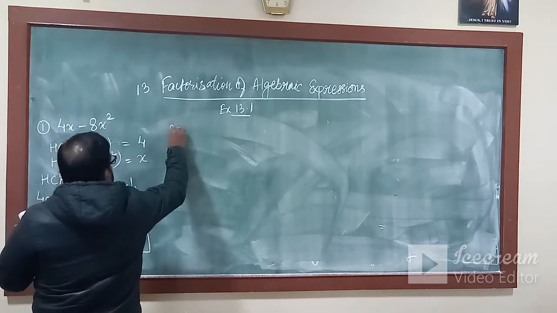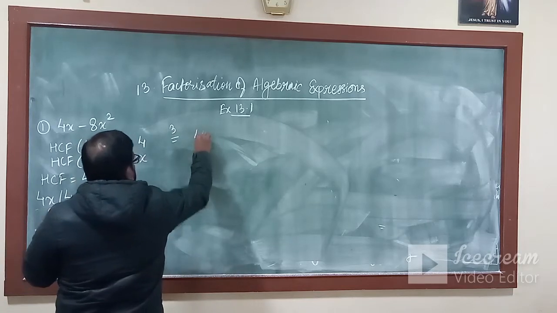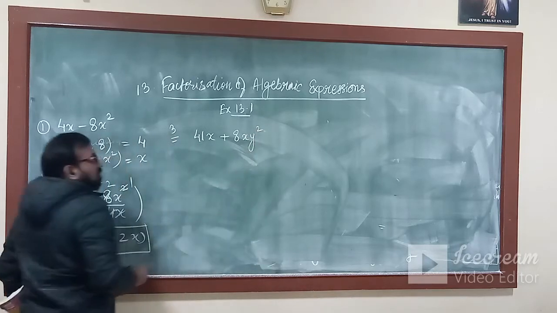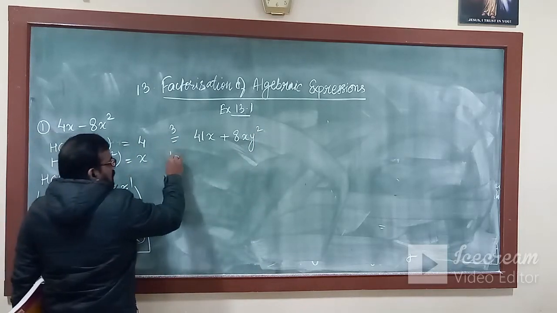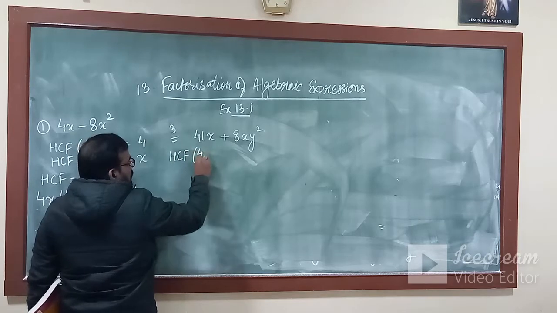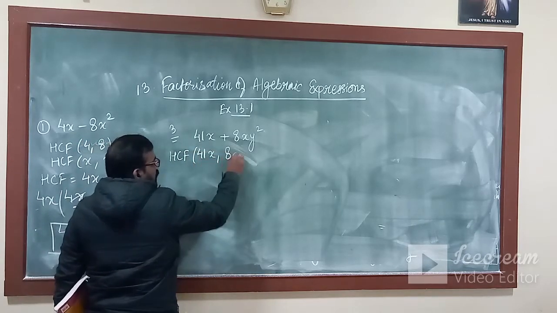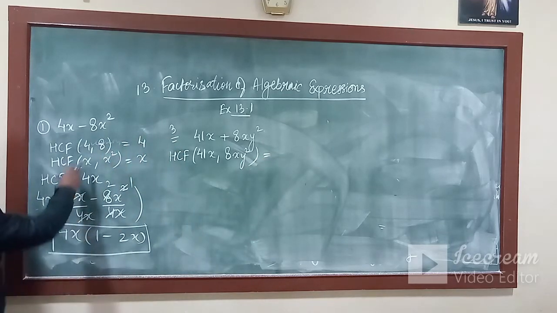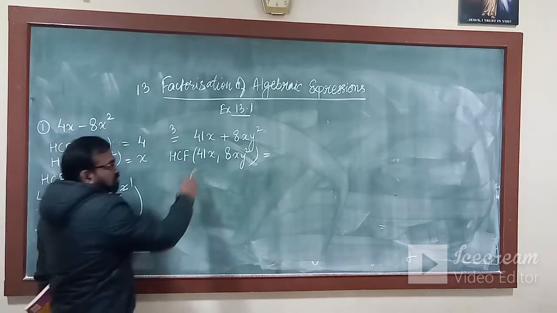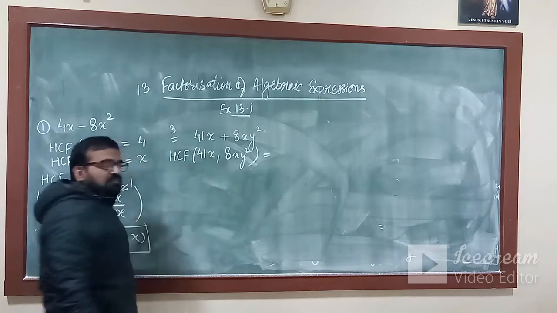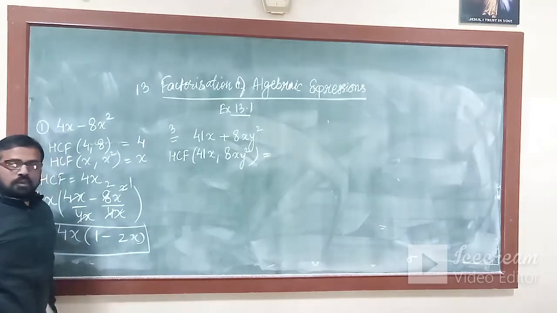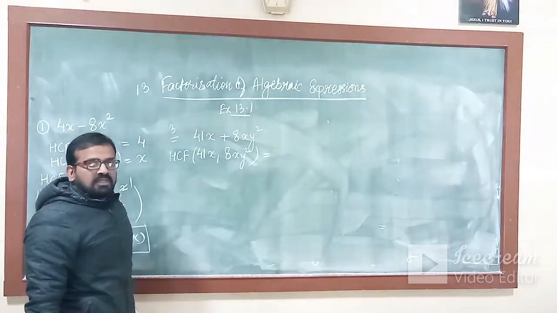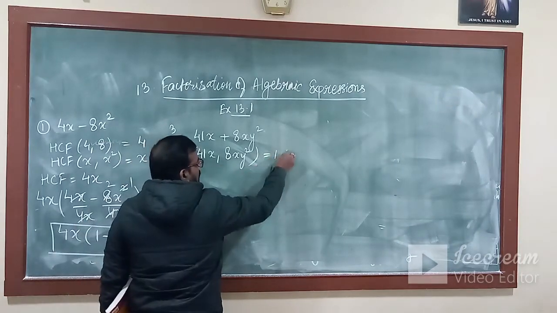Now suppose a question is like this: 41x plus 8xy square. If I take the HCF of these two terms, now I am telling you how to take the HCF of both terms combined; earlier I showed it separately. First we take the HCF of 8 and 41. Since 8 and 41 are co-prime numbers, which have only one common factor, that is 1, its HCF will be 1.